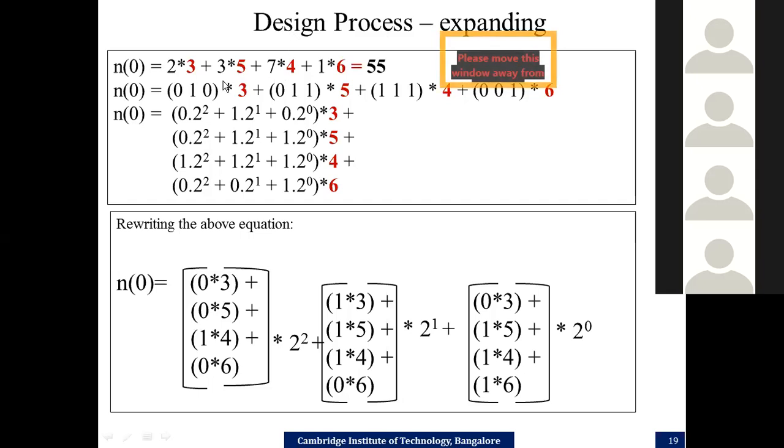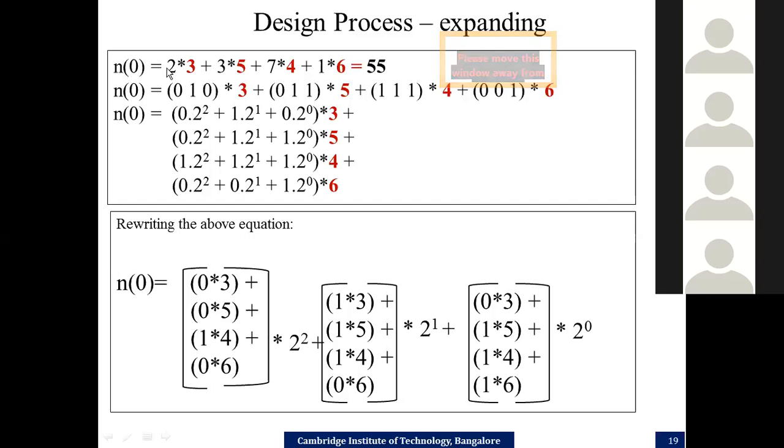Further, what we do here is represent this 2 in terms of binary weights: 0 into 2 power 2 plus 1 into 2 power 1 plus 0 into 2 power 0, into 3. So I am representing this expression using binary weights.